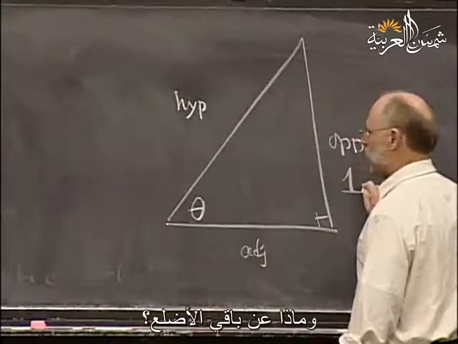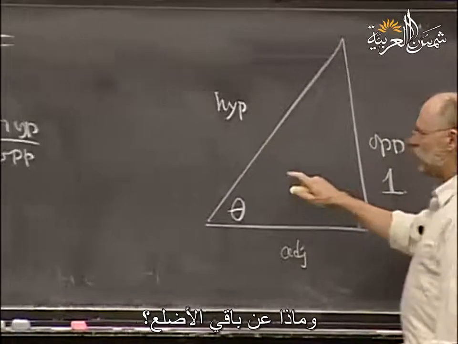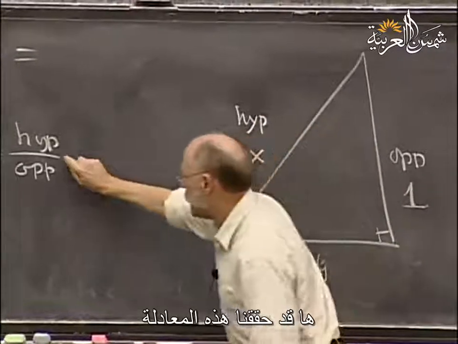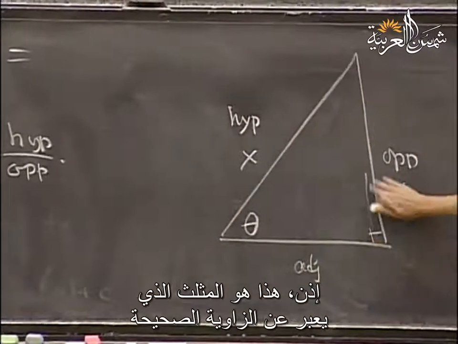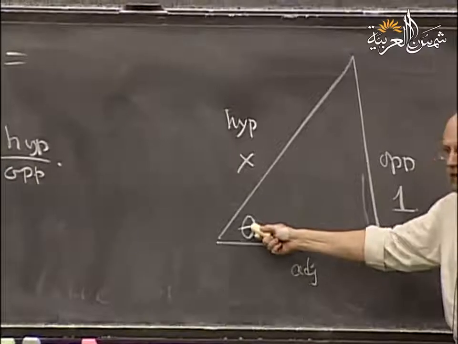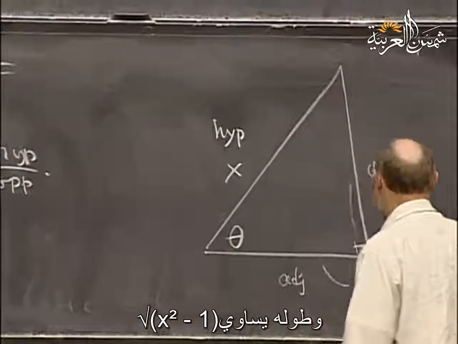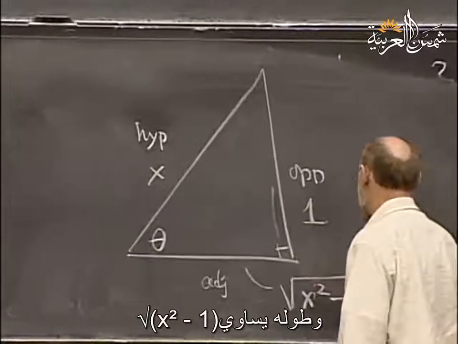Let's do that. And then what does that mean about the rest of the sides? Hypotenuse had better be x, and then I've recovered this. So here's a triangle that exhibits the correct angle. This remaining side is going to be useful to us, and it is the square root of x squared minus 1.